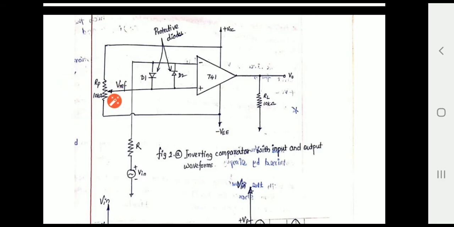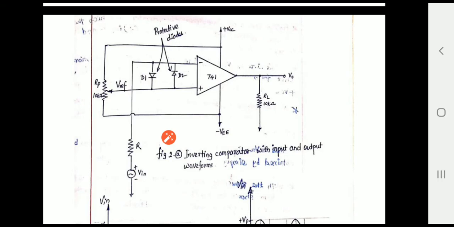This pot changes the reference voltage when we decrease or increase it. If the pot is moved towards plus VCC, then V reference becomes more positive. If it is moved towards minus VEE, then the reference voltage becomes more negative.